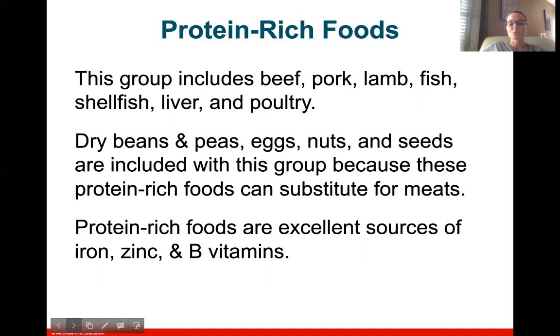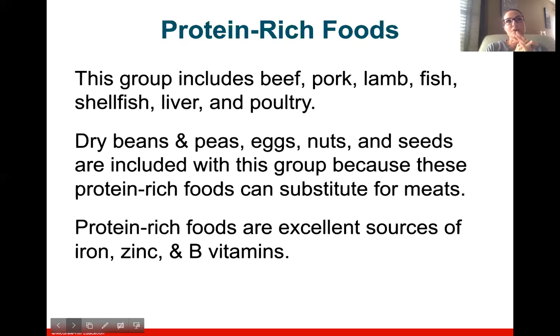Protein rich foods are good sources of iron, zinc, and B vitamins. With protein, 1 ounce is considered a serving. So if you look at the size of the palm of my hand and about that thick, 3 ounces is what we recommend most people consume at a mealtime. Generally speaking, we only need about 6 ounces of protein per day.